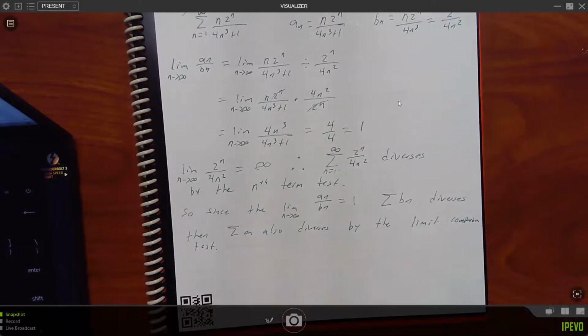That makes sense? The limit comparison only tells you what they're both doing. It doesn't tell you what the original is doing. So you have to figure out what the b_n you chose is doing to figure out what the other one is doing. Any questions about this?